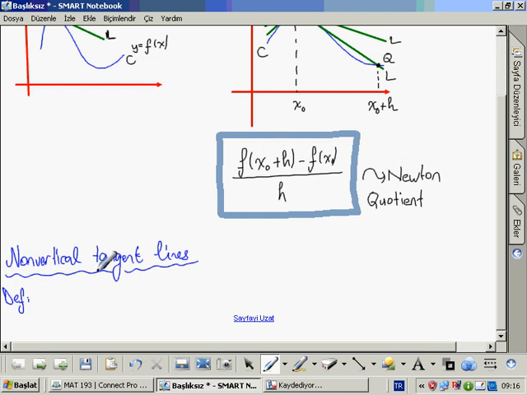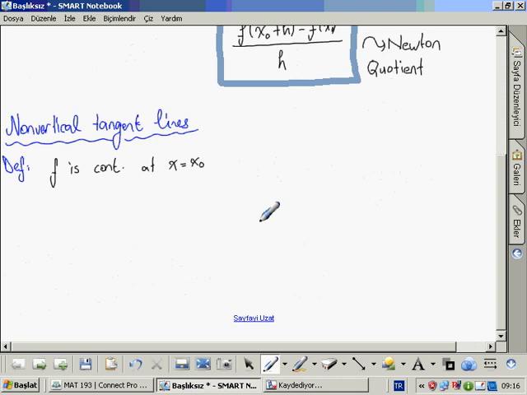Suppose that f is continuous at the x equals x0 point, and suppose that the limit as h approaches 0 of f of x0 plus h minus f of x0 over h equals m and exists.